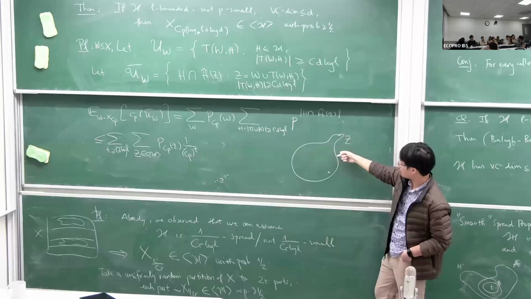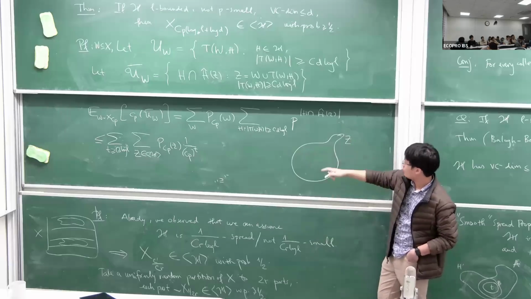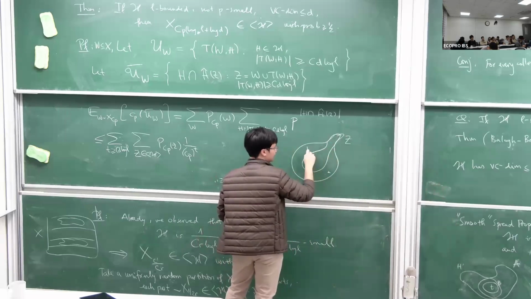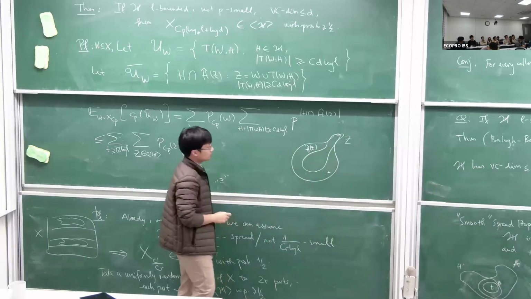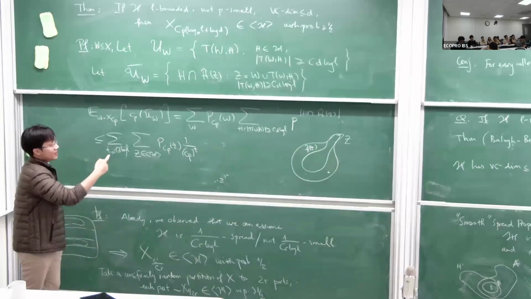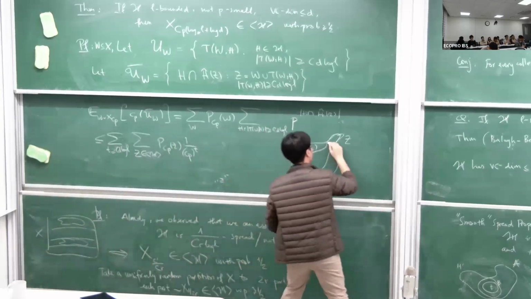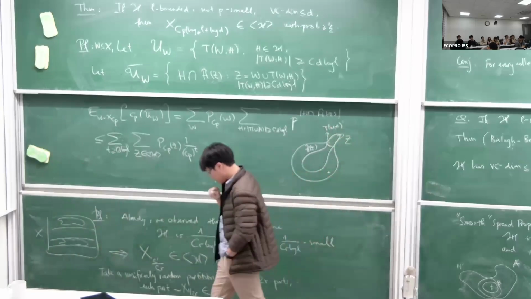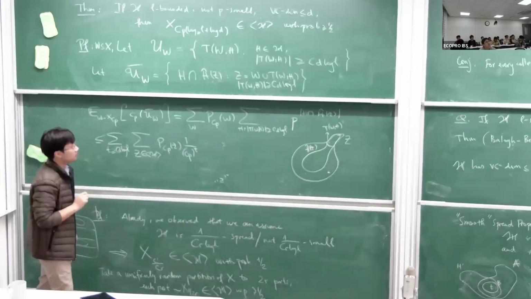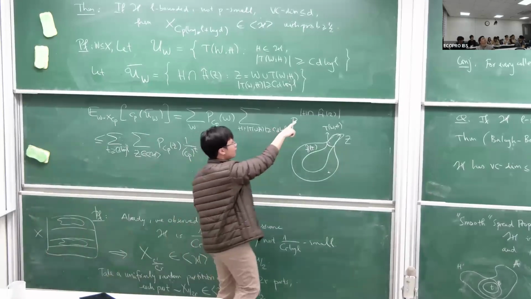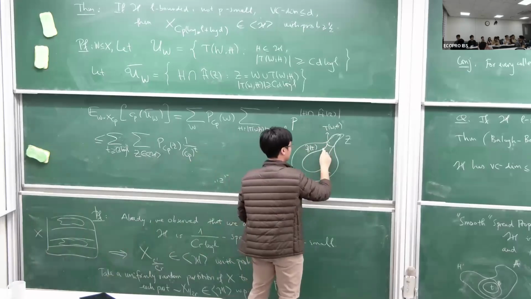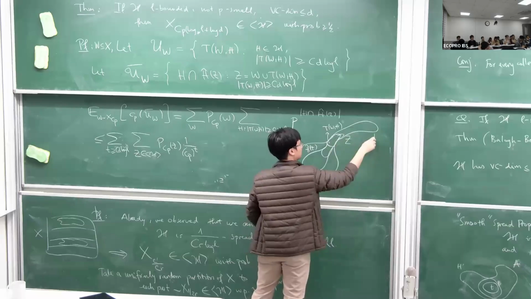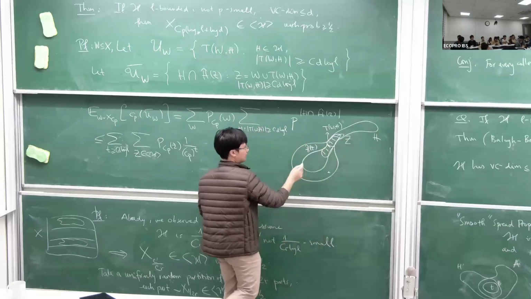And now we start from the set Z. Well, from Z we have for free this set H hat of Z. We know that H hat of Z will contain the minimum fragment T. But furthermore, what we care about is actually this intersection of H and H hat of Z.